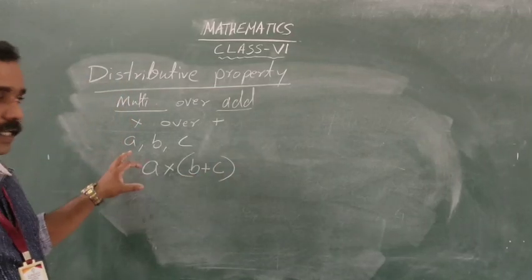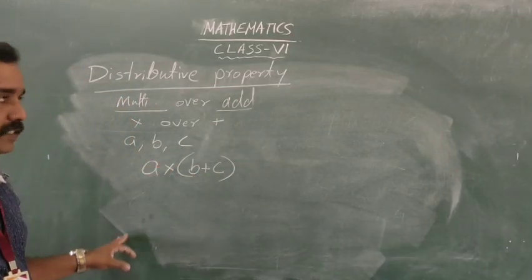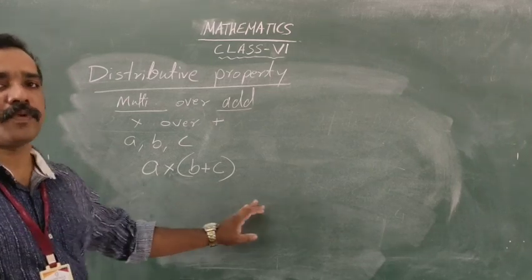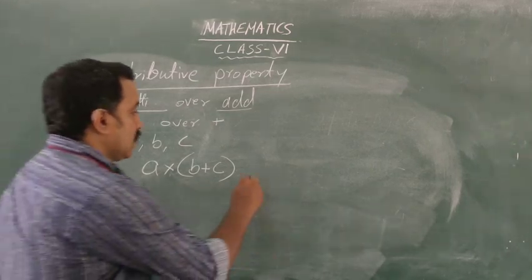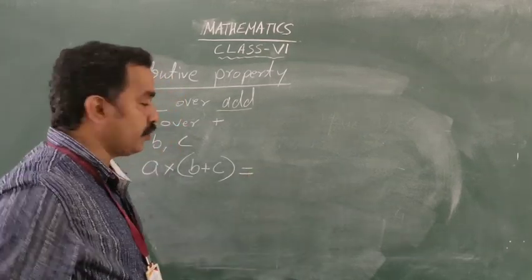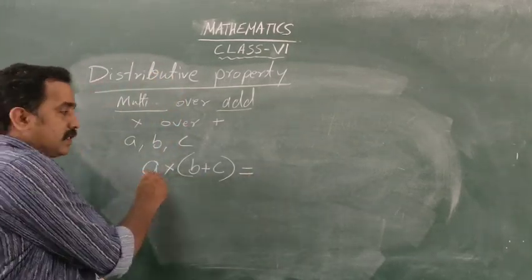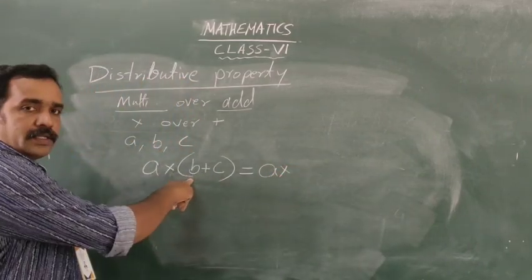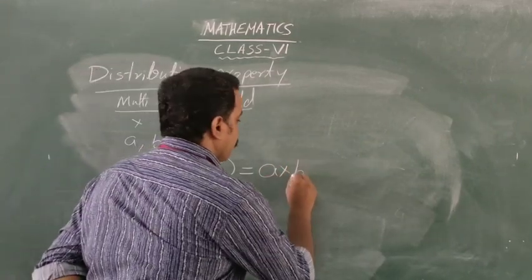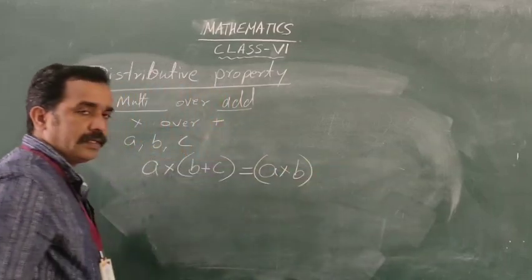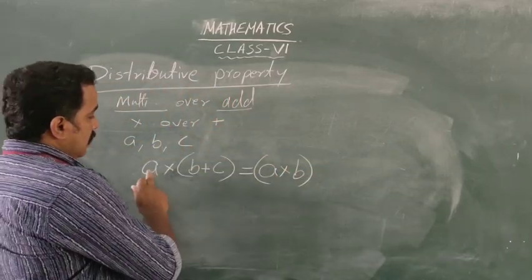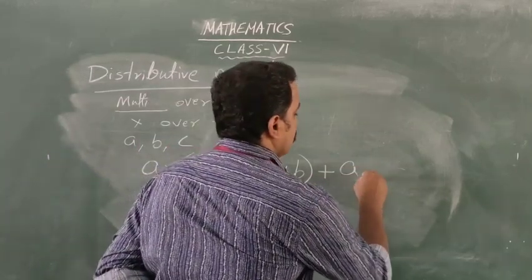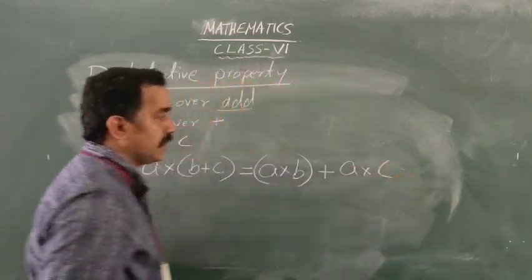If you are multiplying the first whole number with the sum of the other two whole numbers, that will be equal to the product of the first number A and the second number B, A into B, and A into C, then add A into C.